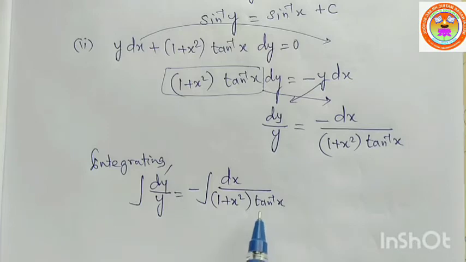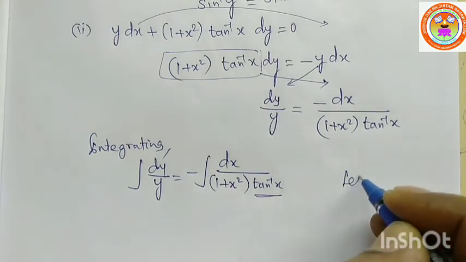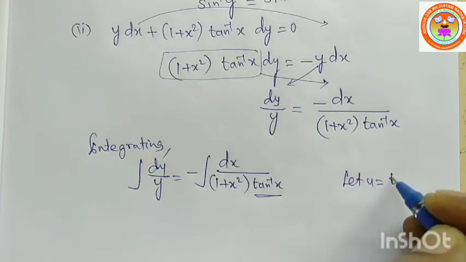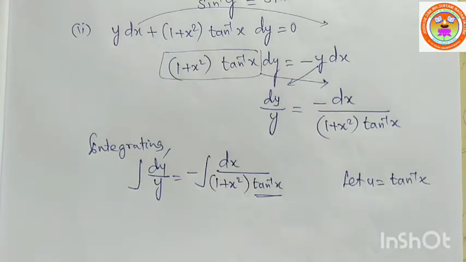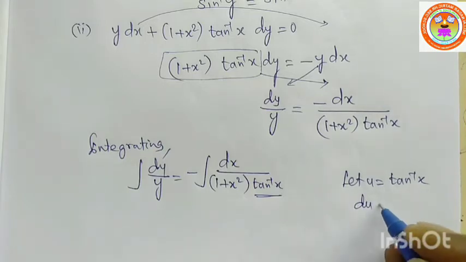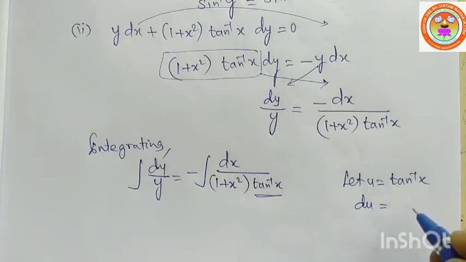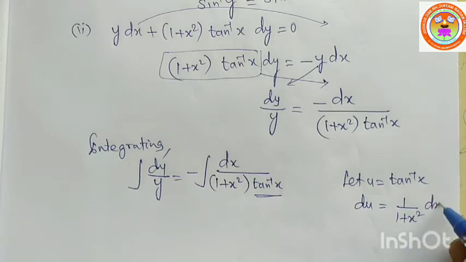There are two functions. So, we can take this tan inverse as another variable. Let us take u is equal to tan inverse x. Then what about du? Differentiation of tan inverse x is 1 by 1 plus x square into dx.